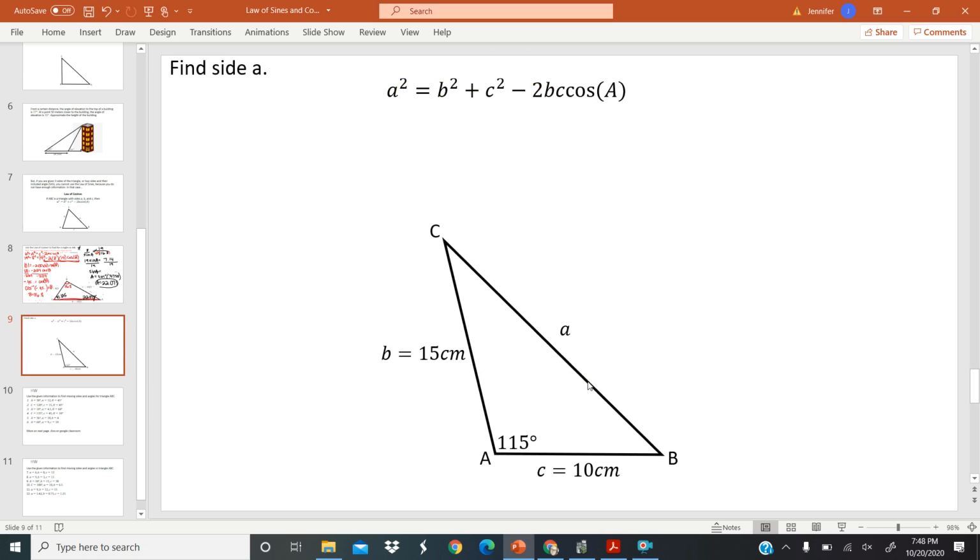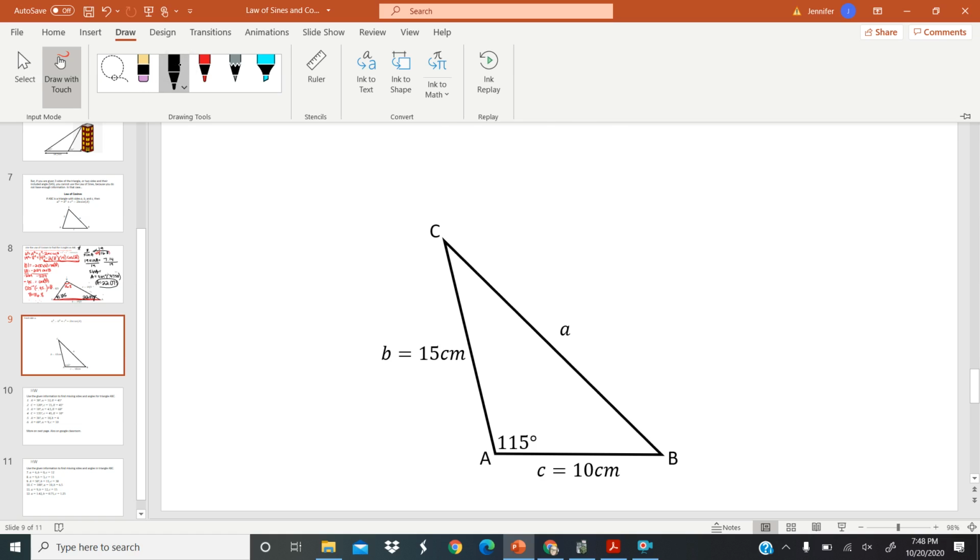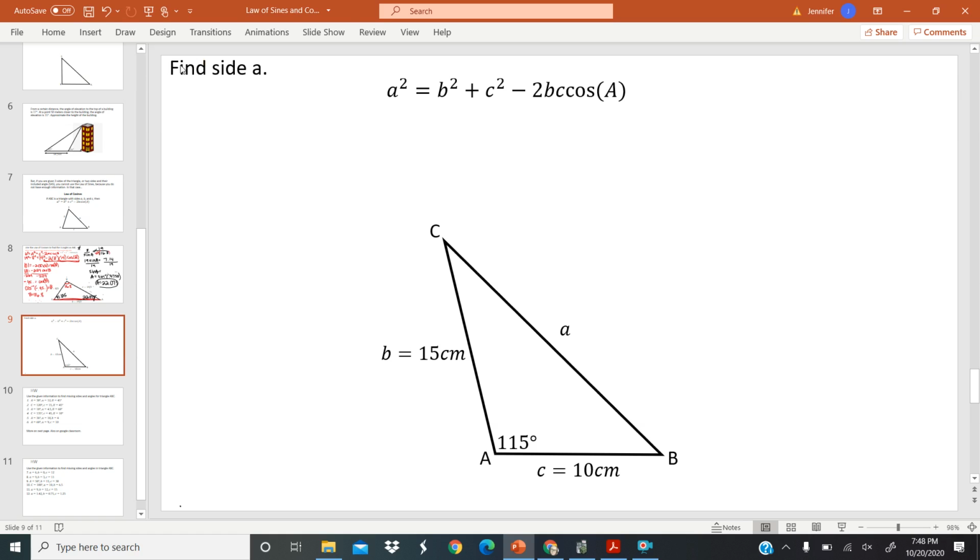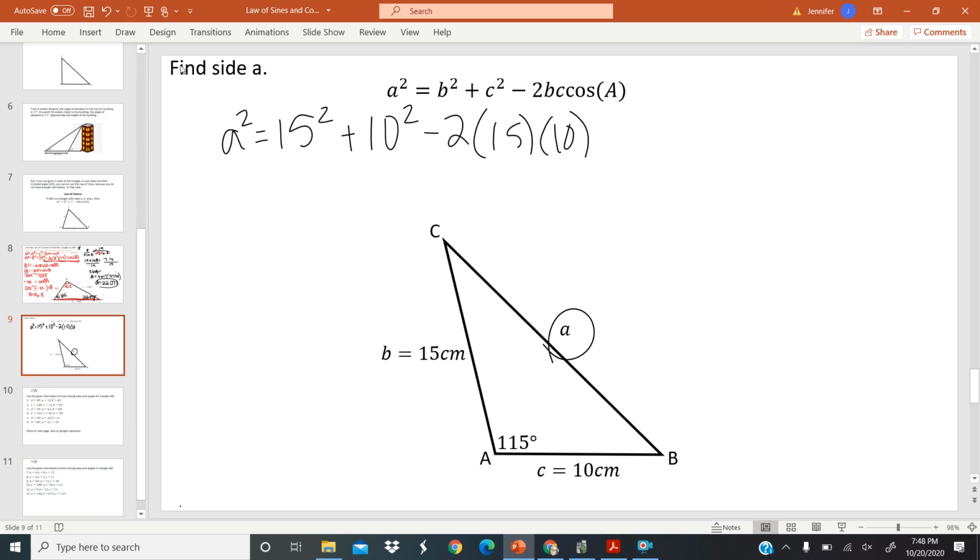Okay, so this is going to be our last example, and it should definitely go through quicker than our previous ones, because all we want to find this time is side A. So to find side A, I have A squared is going to be equal to B squared, so that's going to be 15 squared, plus C squared, which is 10, and then minus 2 times side little b, which is 15, times side little c, which is 10, times the cosine of angle A, which is 115 degrees.